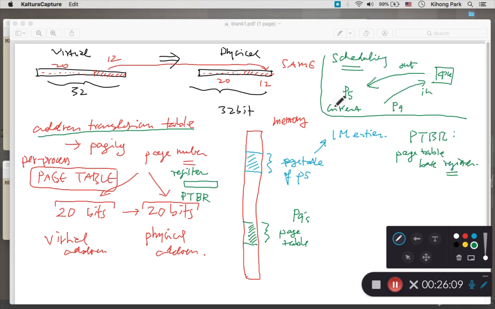And when this guy was current, it was pointing to this address in memory. That's how the CPU knows where to find this table, because its job is to perform, with the help of other hardware support, this translation from virtual to physical. But how is it done? Through lookup of this table. So this is a table lookup.